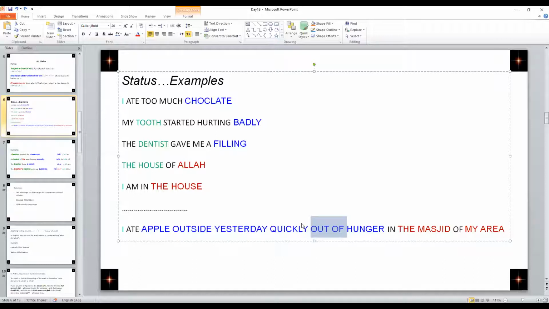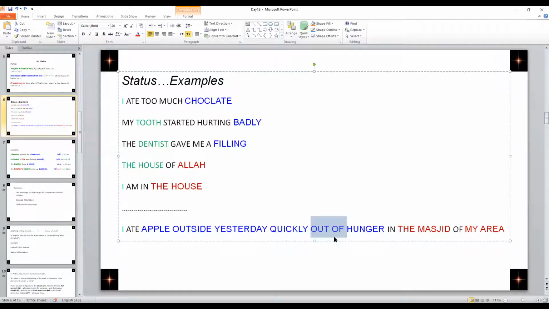That's how come the "of" here is not like the "of" in the idafa. In the idafa, the two isms come together, but the "of" is in the meaning. In this case, we want to say when you do something out of something. In Arabic, this is known as hal, ju'an. But when you want to express ju'an in English, the best way to say it is "out of hunger."